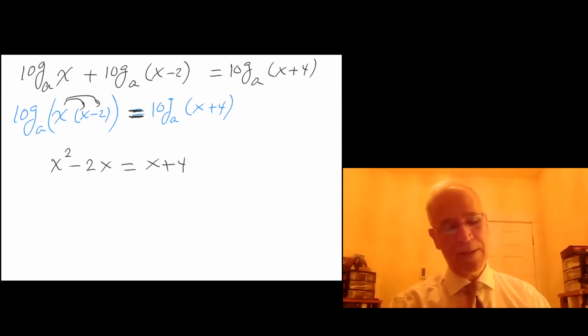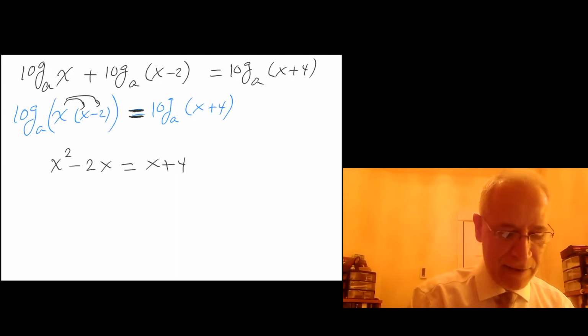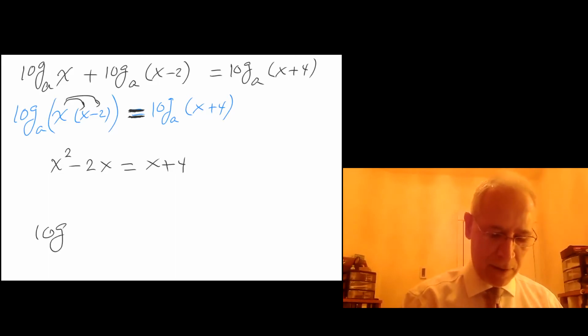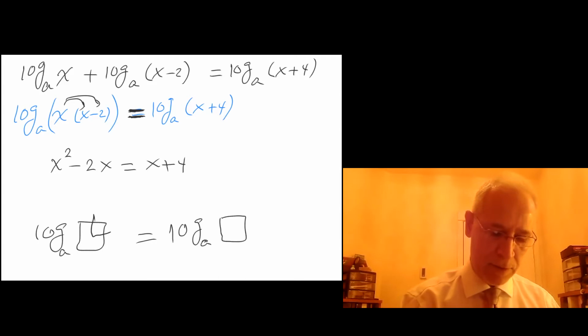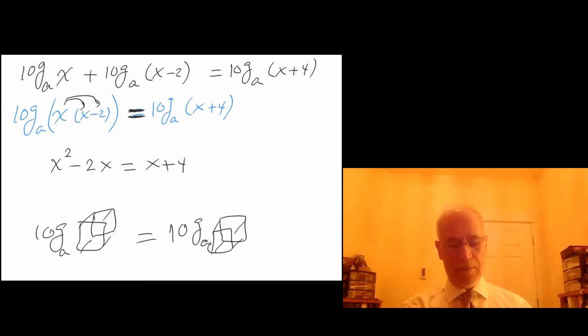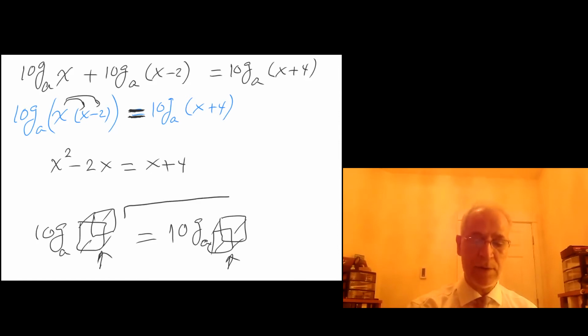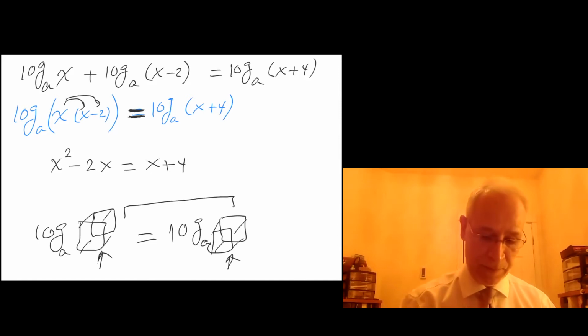This equal sign demands that if you have log base a of something equals log base a of another box, so if the log of this box equals the log of this box, then these two boxes must be of equal value.